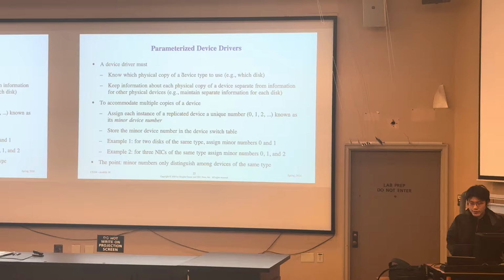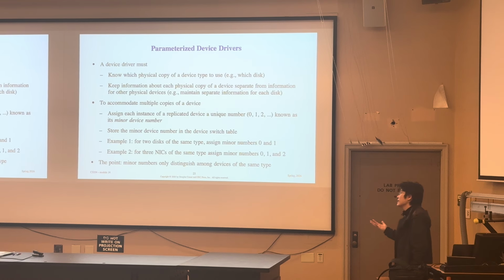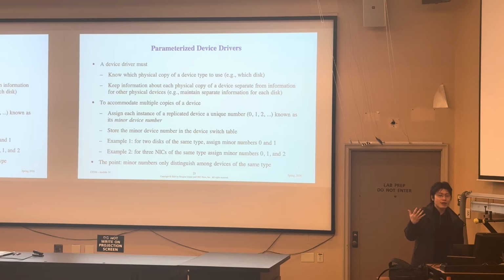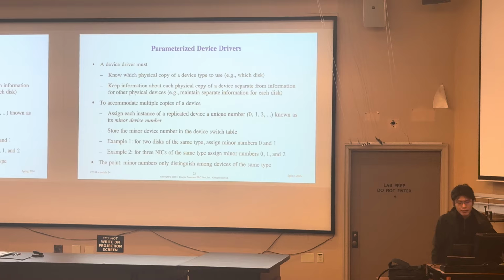To handle this, a device driver must know which physical copy of a device type to use. So if you have multiple disks, the device driver needs a parameter that tells it which hardware, which hard drive, is being used. You need to keep information about each physical copy of a device separate from the information for other physical devices.